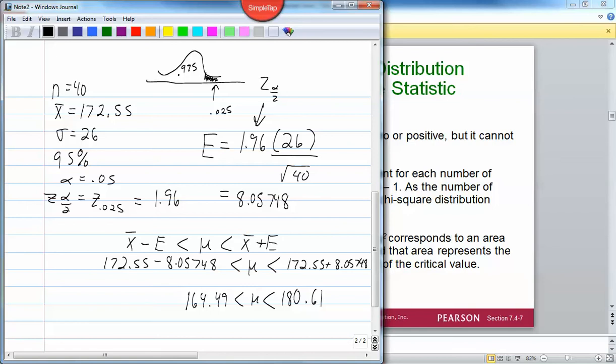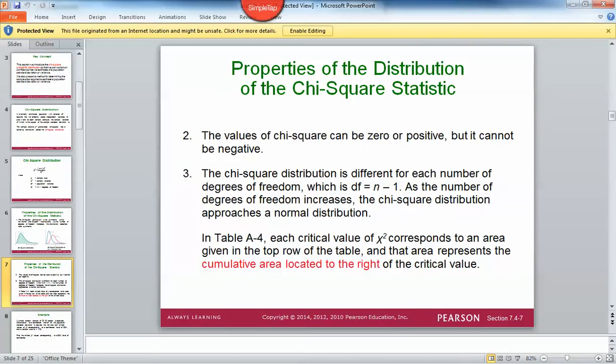But when we have different critical values on each side, then we're going to have to find two critical values, of course. Now, the way that the table gives you the information is a little different from the two tables we've used so far for critical values. The two tables we've used so far show us a cumulative area from left to right.